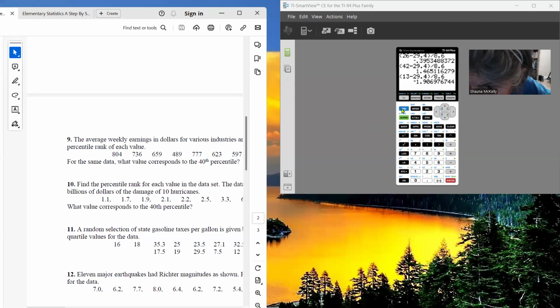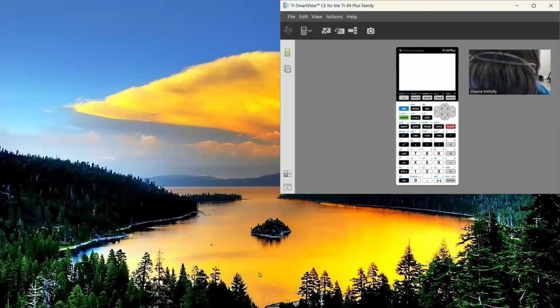So I'm going to go ahead now and clear my screen, and move this up also, because I need to be able to see the screen, and I just lost my homework.